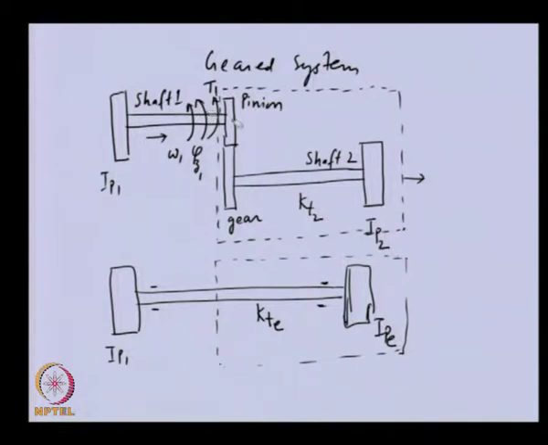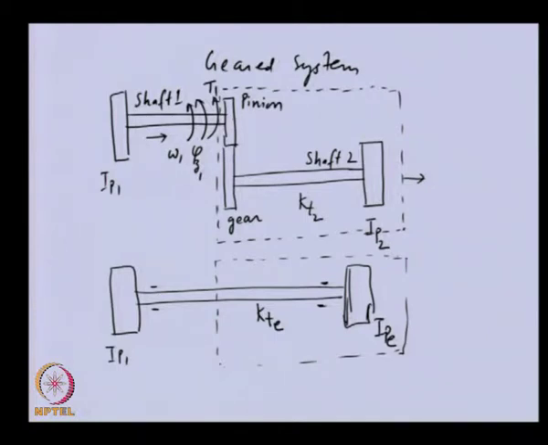In this particular case, we are not considering the polar moment of inertia of these gears; we are neglecting them. But if we want to consider them, then additional polar moment of inertia will come here, giving us a 3 degree of freedom system instead of 2 degrees. For simplicity, we at present ignore this, but that can be added subsequently.